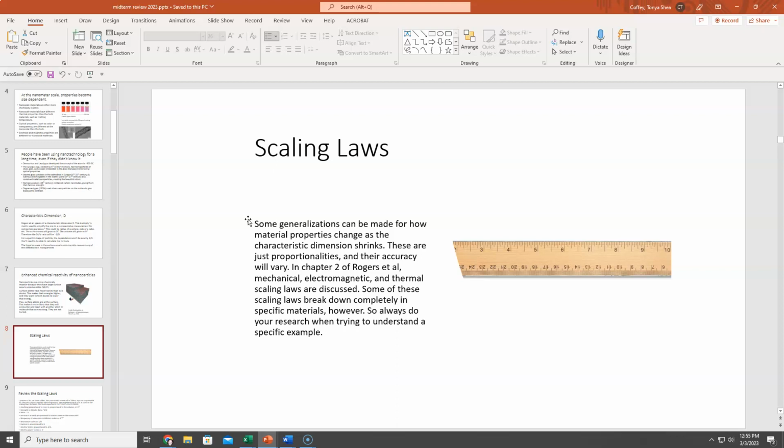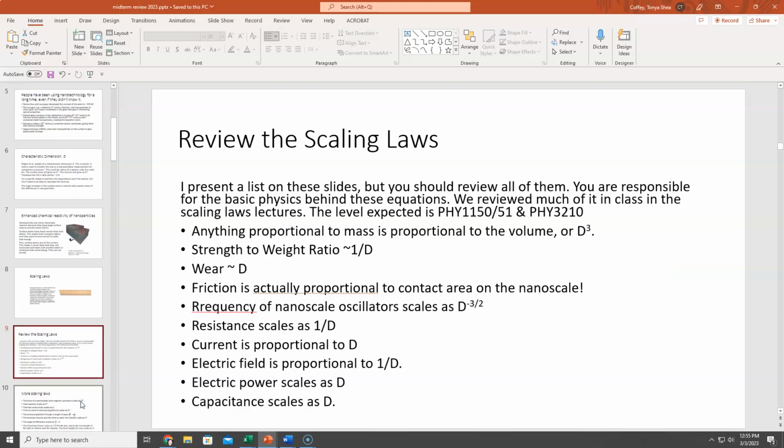Some of these break down completely in some materials, so be careful about that when you go out and do real research, to make sure that you truly understand specific examples when you need to. Make sure that you review the scaling laws for Chapter 2. This is kind of a laundry list, but I want you to look at all of them and review them. You're responsible for the basic physics behind all of these equations, which we covered in the online class in the scaling laws lectures.